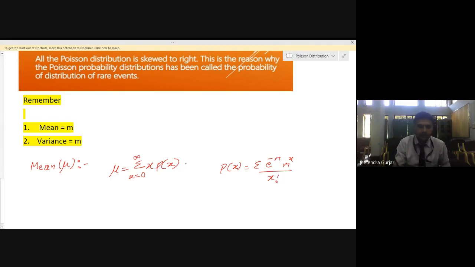So please substitute these values in this mean. Keep the summation as it is, from x equal to 0 to infinity. I will keep x the same.